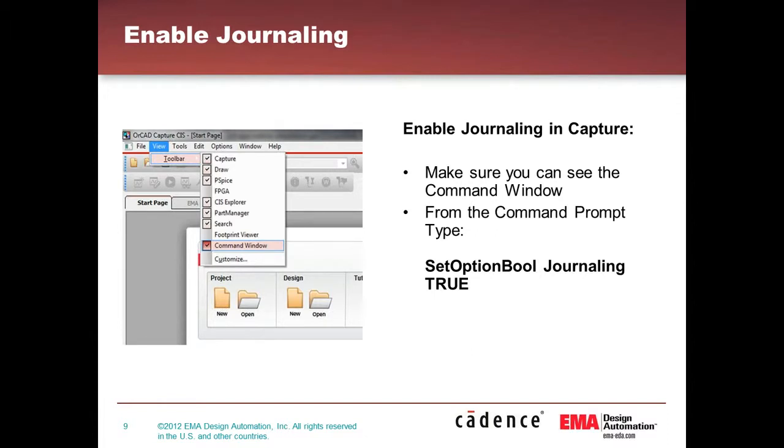If you would like to try this capability out, make sure you can see the OrCAD command window. If you cannot see the command window, you can go into the View menu, select Toolbar, and then make sure the command window selection is checked.